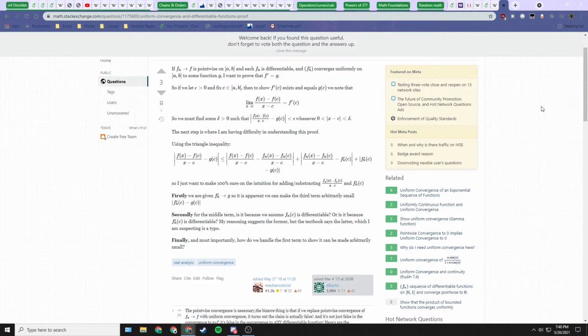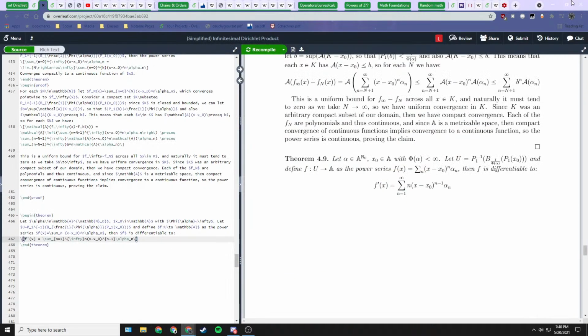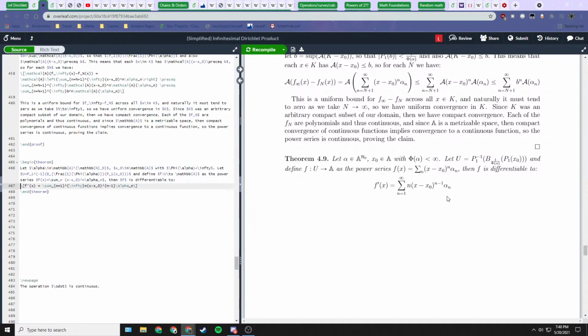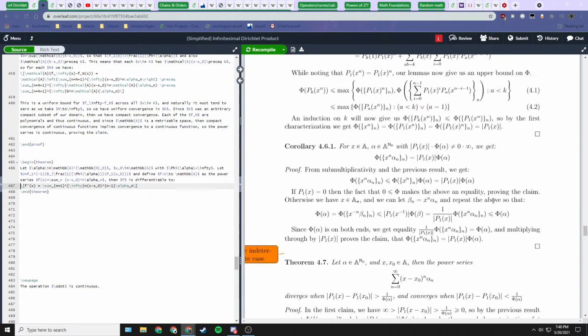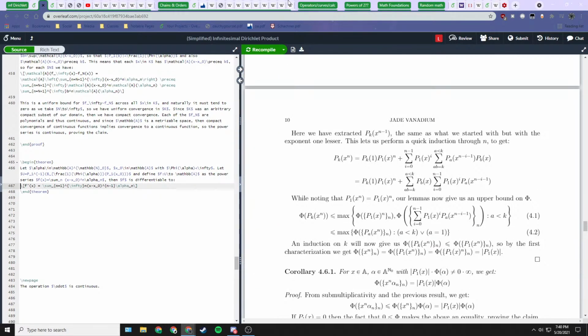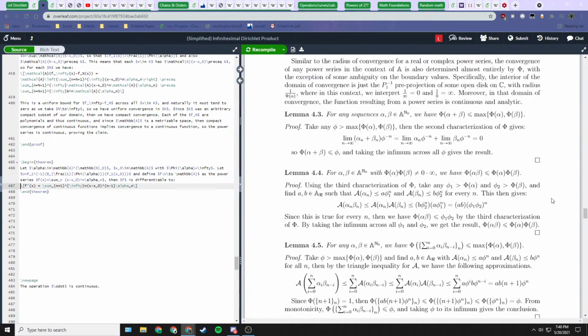Oh, I know what we can do. As we take a limit to a point in our space, despite the fact that it's not locally compact, we can still put the entire sequence inside of a compact set. So if we have a sequence approaching a point, then we can place that entire sequence inside of a compact set.